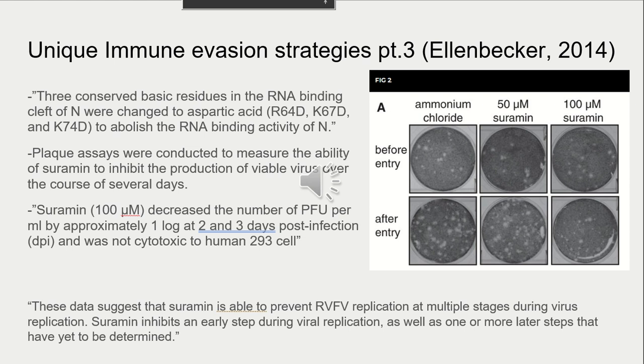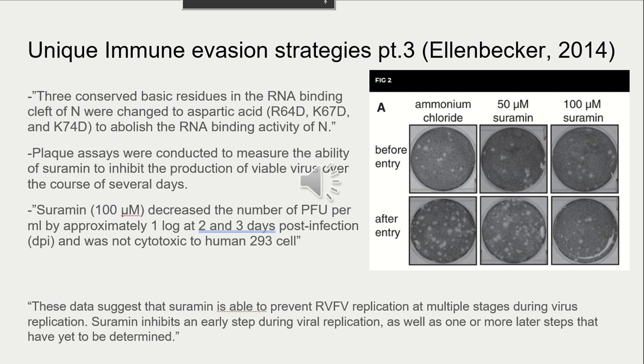The plaque assays were conducted to measure the ability of Suramin to inhibit production of viable virus over the course of several days. So we can see in the image to the right, the 100 micromolar Suramin had the best results with the least number of PFUs. Suramin decreased the number of PFUs per milliliter by approximately 1 log in 2 and 3 days post-infection and was not cytotoxic to human 293 cells.